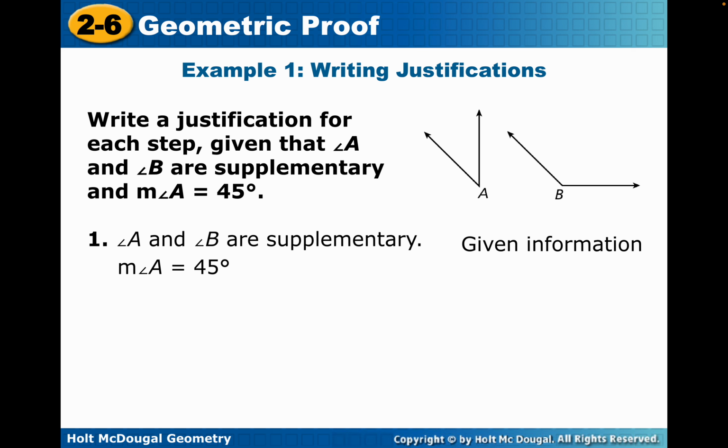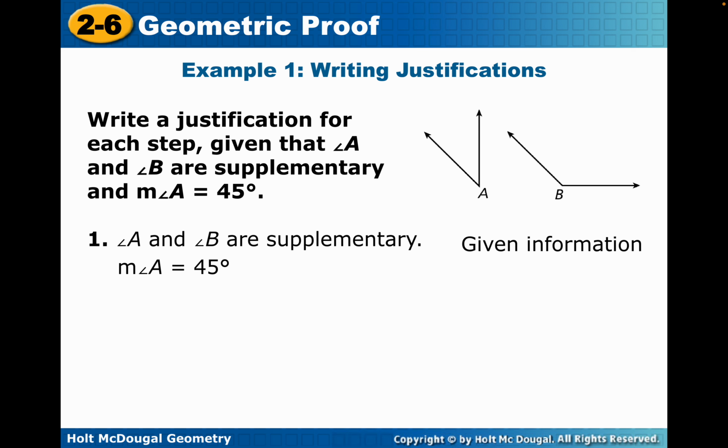Now, when we need to explain this to someone, we need to explain what the word supplementary means. So what does supplementary mean? Yeah, we know it has to be two angles that add up to equal 180.